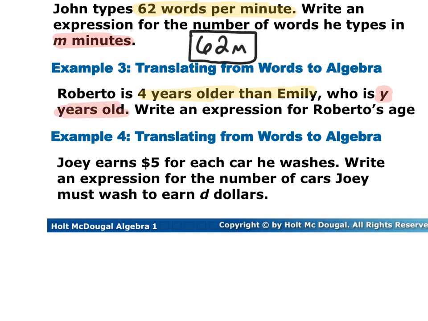Emily is Y years old. Okay? So we know that whatever Emily is, Roberto is 4 years older. Well, what's our starting point? Well, our starting point would be Emily's age. What is Emily's age? Y. And then to be 4 years older, does that mean we want to multiply by 4? I'm asking y'all.